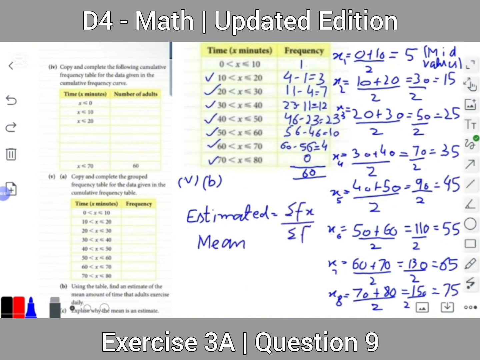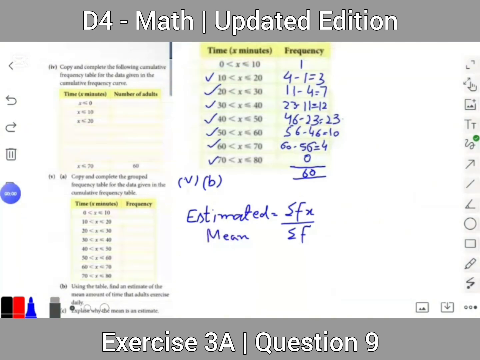So it means the sum of the frequency multiplied with mid values, divided by the sum of the frequencies. So now we will expand this formula. Here we will take the mid values and the frequencies from the above table.